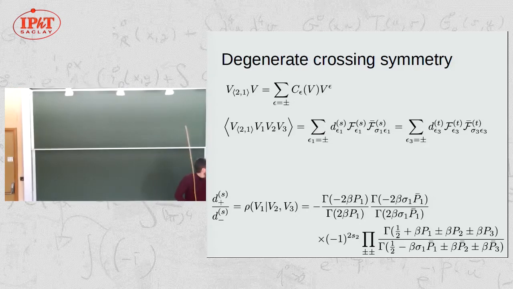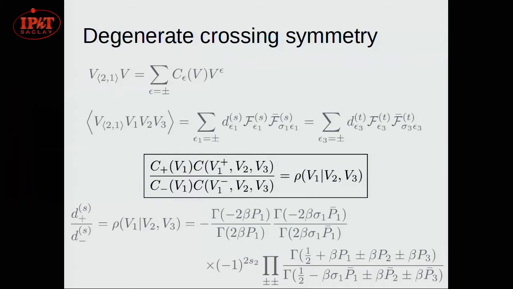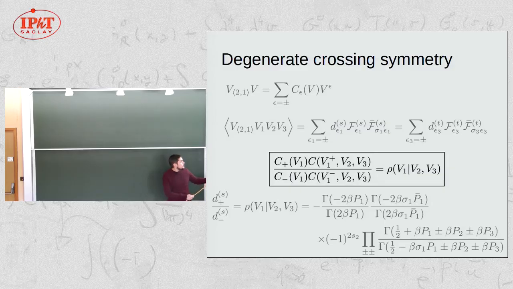So since the degenerate 4-point structure constant here can be written in terms of the 3-point structure constant, we can write an equation determining the ratio of two 3-point structure constants in which the momenta of this field and this are slightly shifted. And if we manage to solve this equation, then we will find the form of the 3-point structure constants.